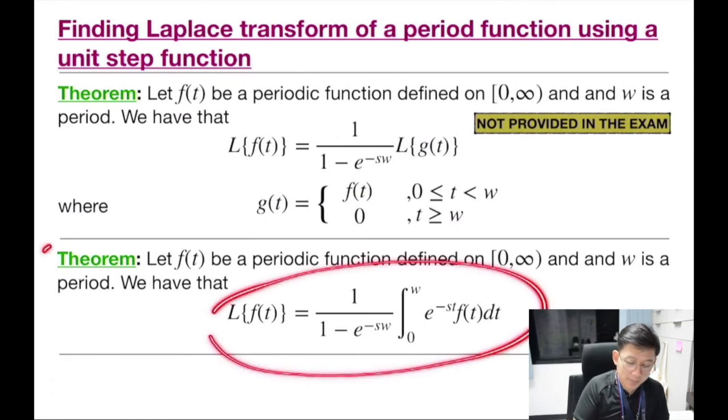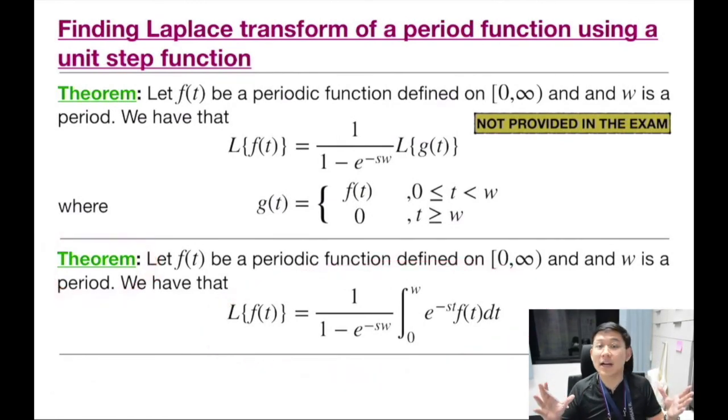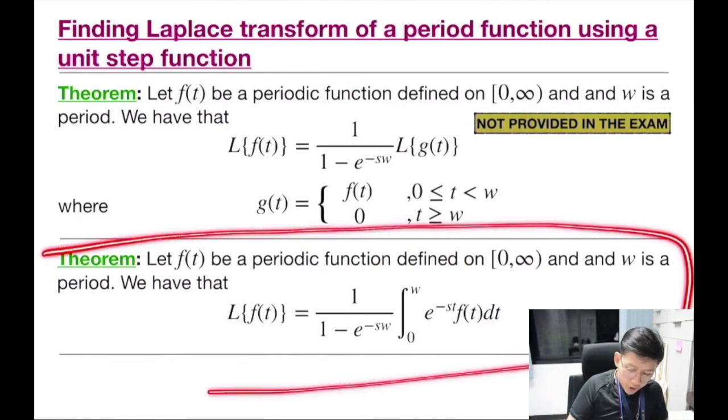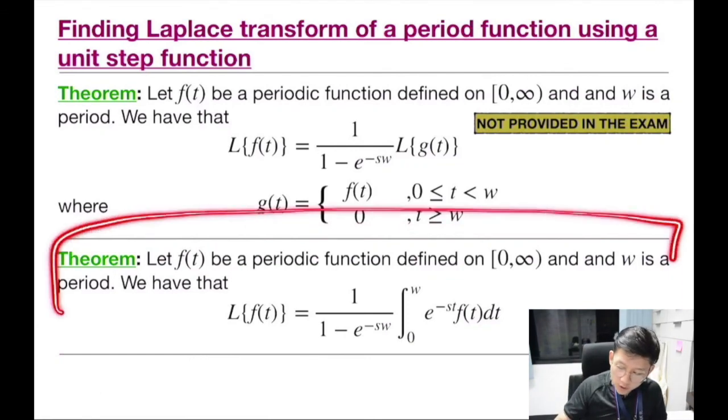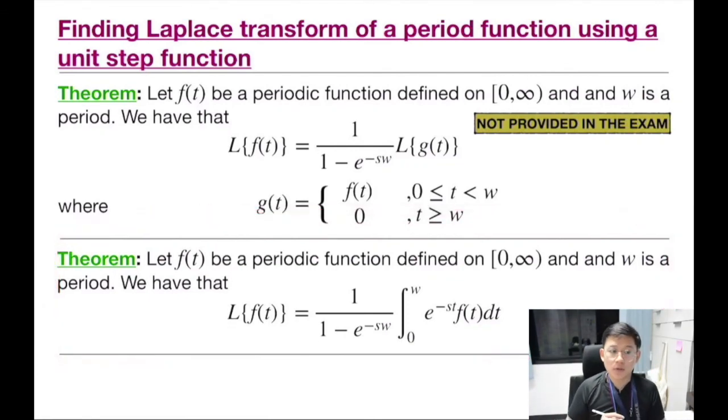I copied and pasted it here so that you can make a comparison. Here is what we had before: 1 over 1 minus e to the minus sw, integrate 0 to w e to the minus st f(t) dt. That's what we had before.